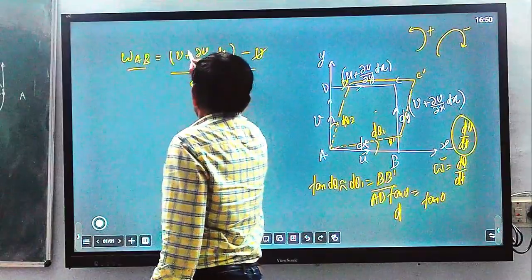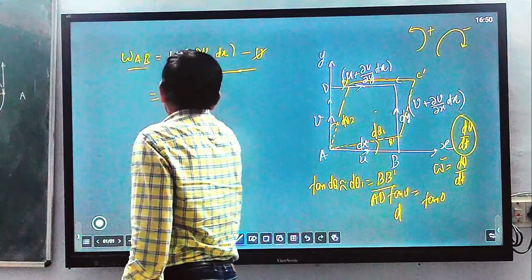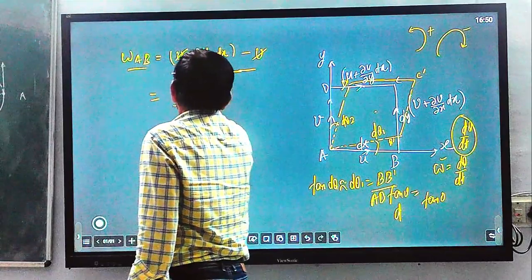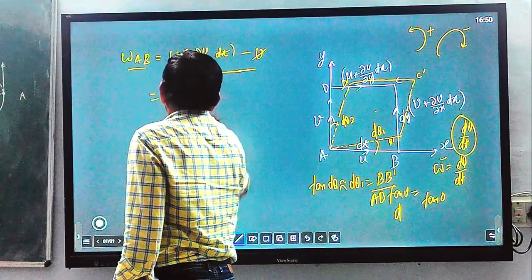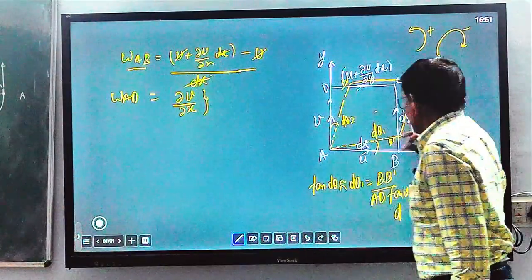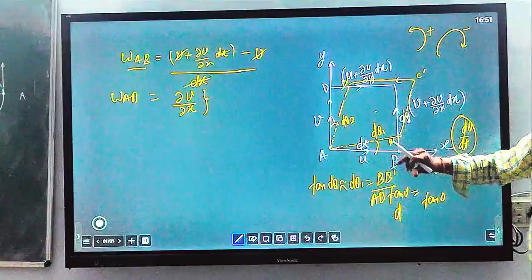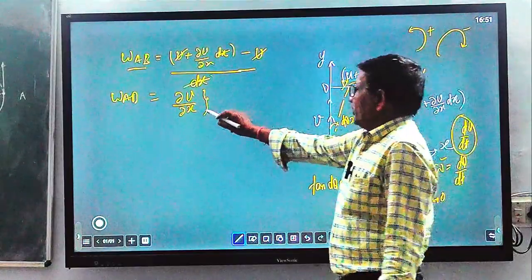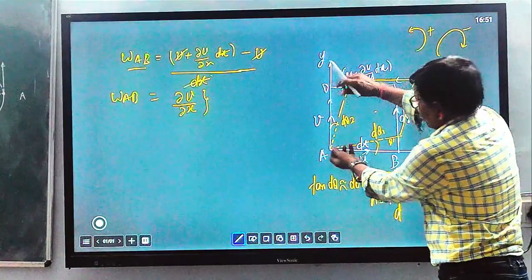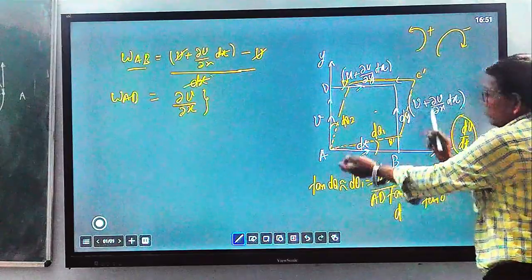So you will replace V, and we get del V over dx. The dx will be removed, so del V over del x. So omega AB, the rotation of AB about the z axis, is equal to del V over del x. And similarly you can find, because this arm AD is also rotating about this axis.